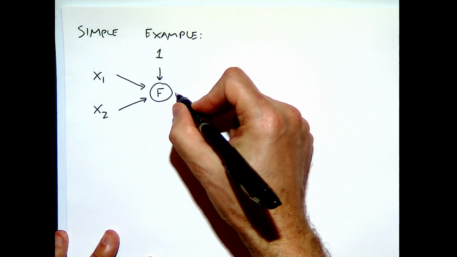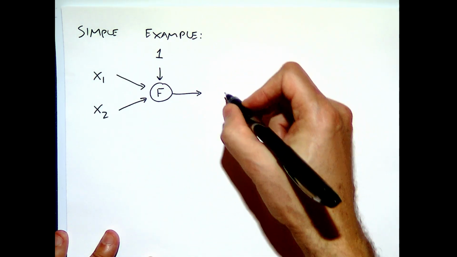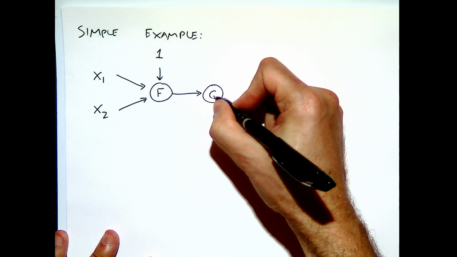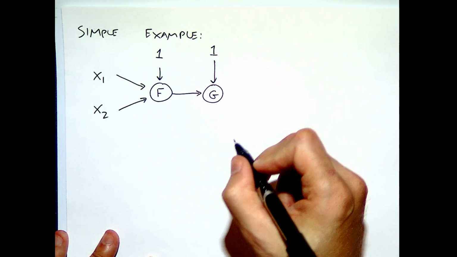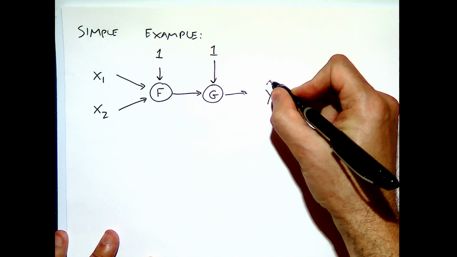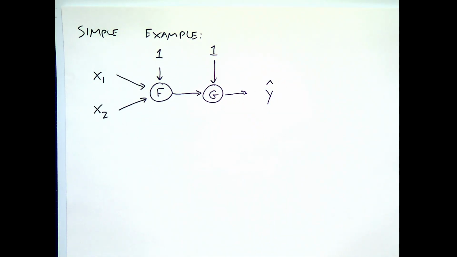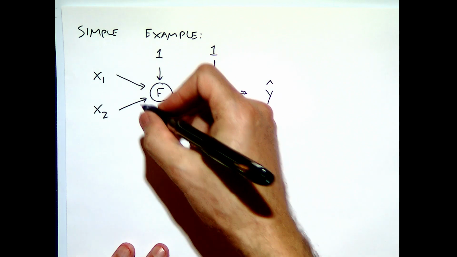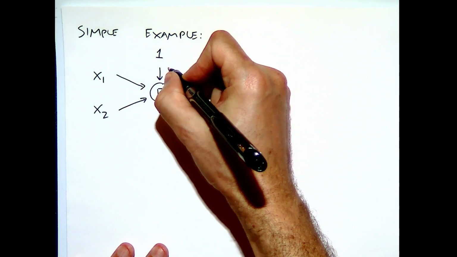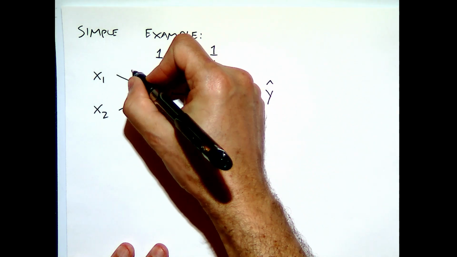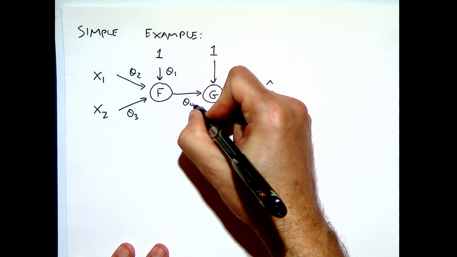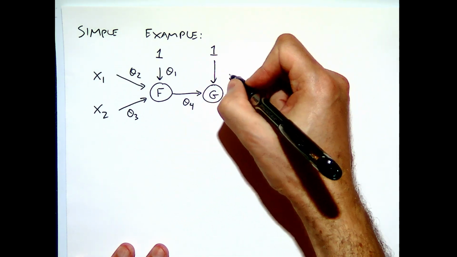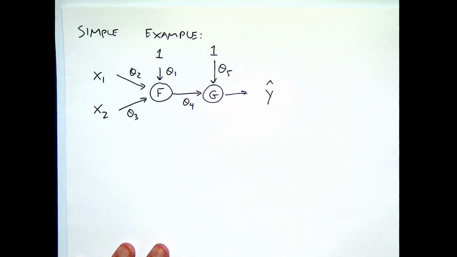Then what comes out of F, I multiply by another weight, and it goes into a neuron G, and then I have a bias for this term, and then I get my output, okay? So there are really 5 parameters in this neural network, right? I've got theta 1 multiplying this bias, theta 2, theta 3. The output of this neuron gets multiplied by theta 4, and then this bias is theta 5, okay?